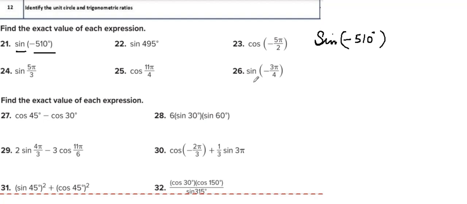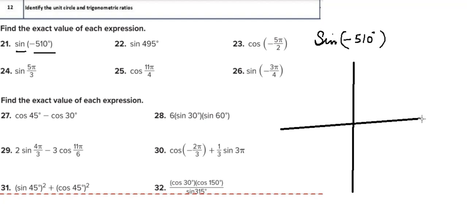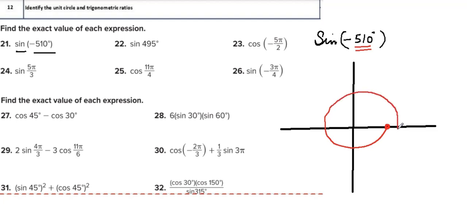Firstly, I need to see where the reference angle for this is. I told you how to find the reference angle for 510. A negative angle is clockwise. I start from the positive x-axis side. So this is your negative 360, the first round.